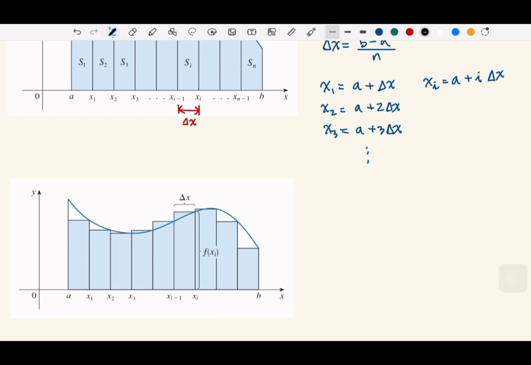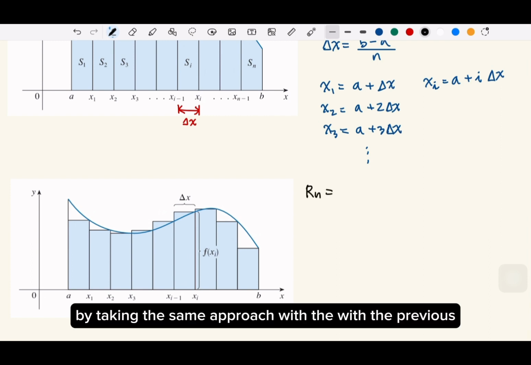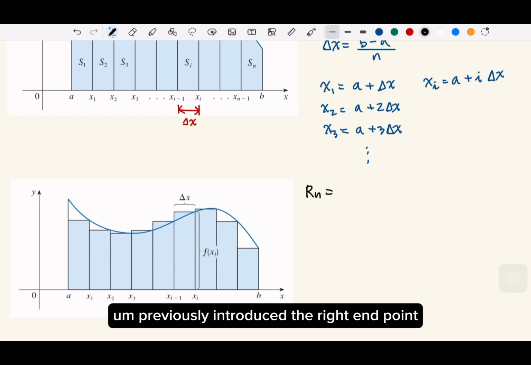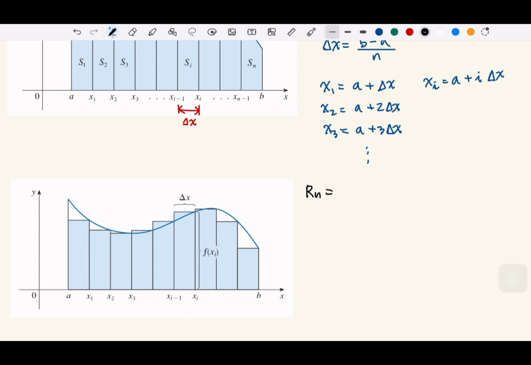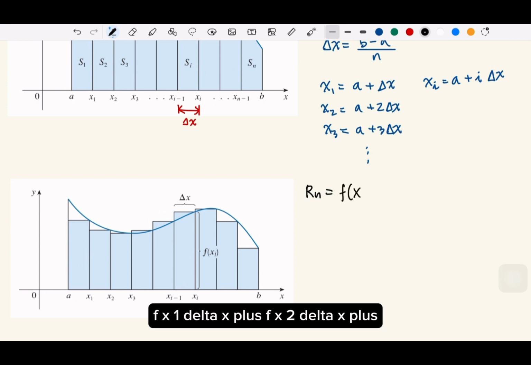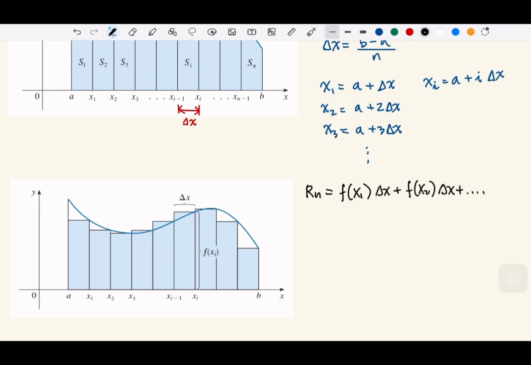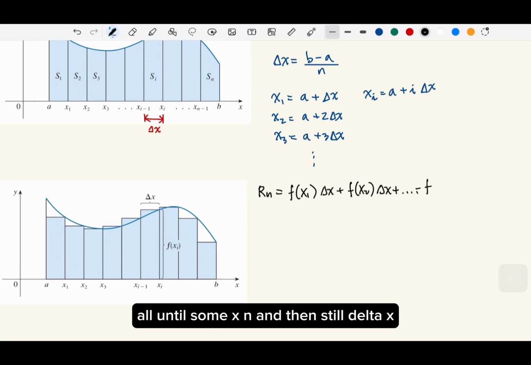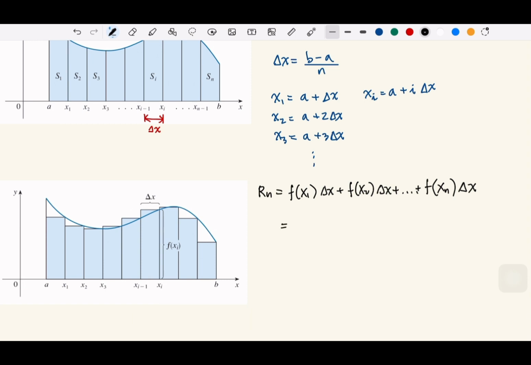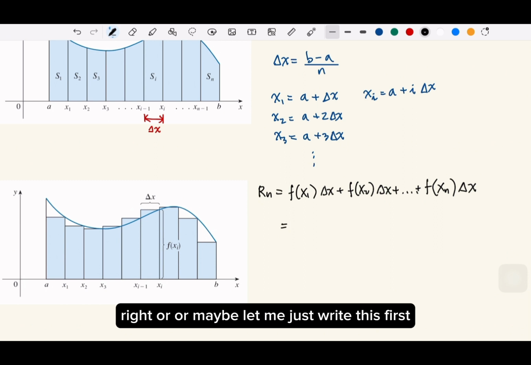So now, by taking the same approach with the previously introduced right endpoint, we can write this: f x1 delta x plus f x2 delta x plus all the way until xn, and then still delta x. So we can factorize the delta x. I will explain later.